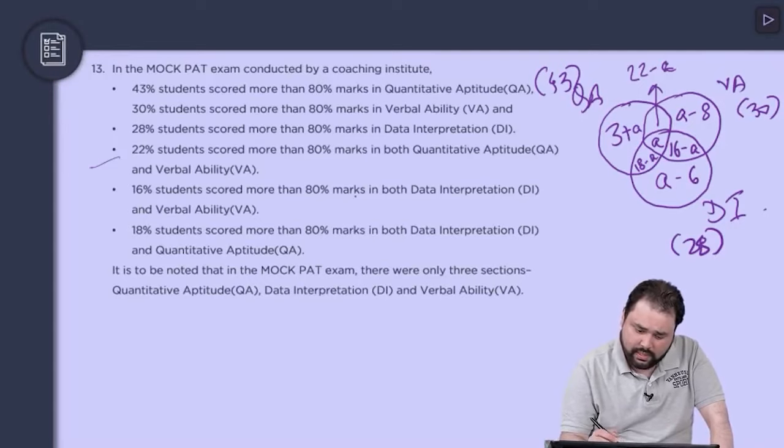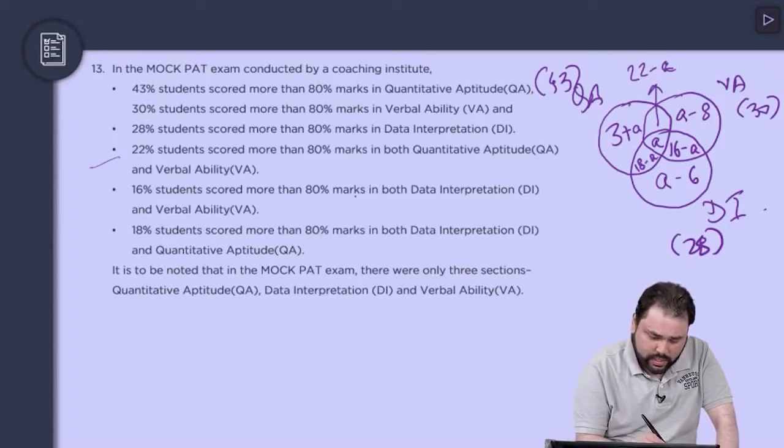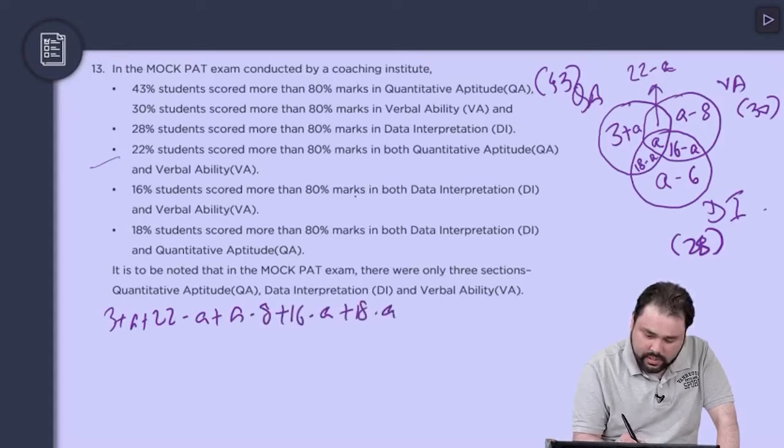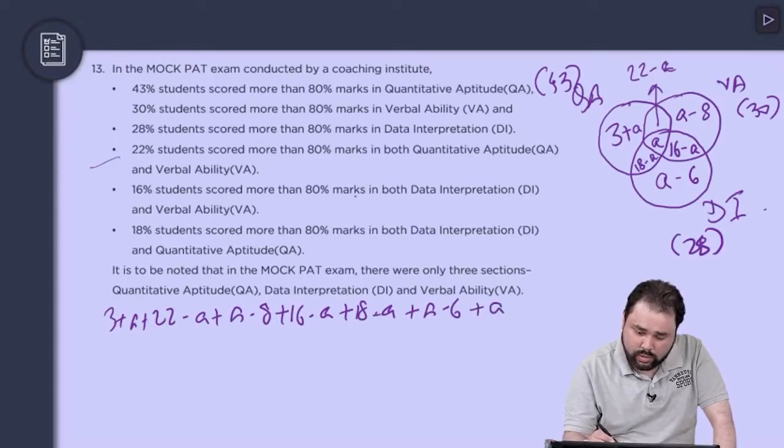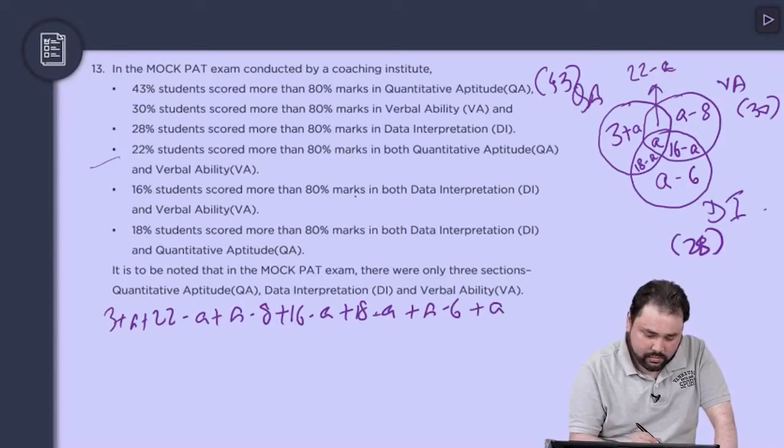3 plus A plus 22 minus A plus A minus 8 plus 16 minus A plus 18 minus A plus A minus 6 plus A. Let's say 1, 2, 3, 4, 5, 6, 7 terms.